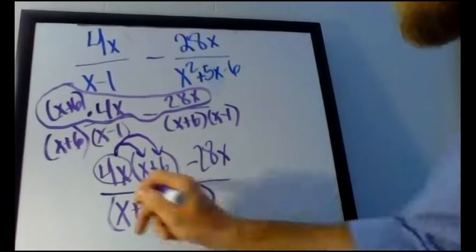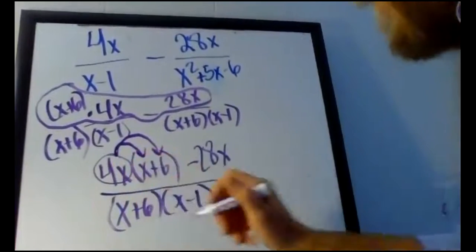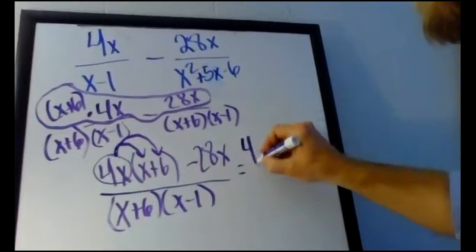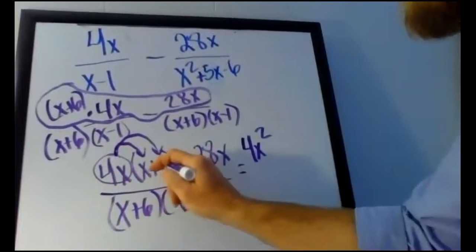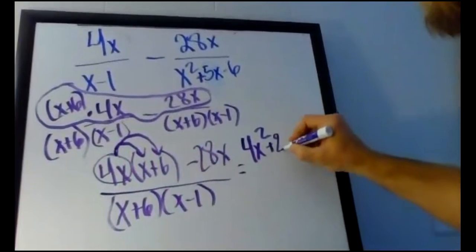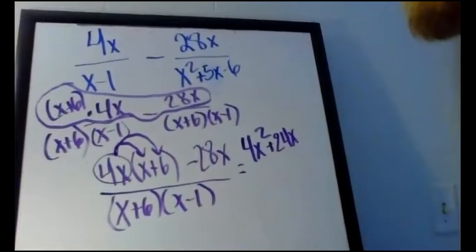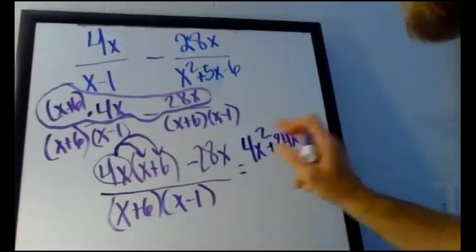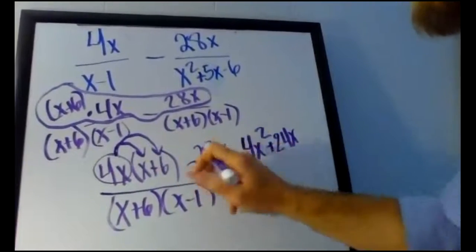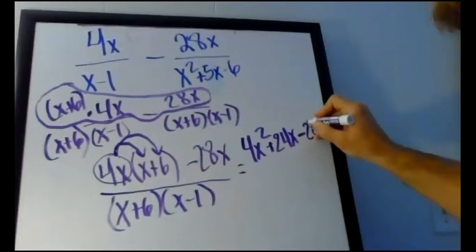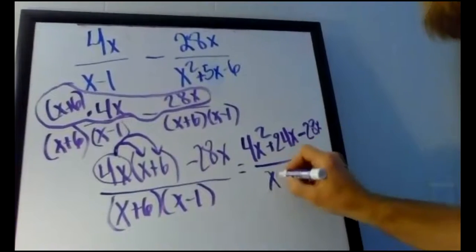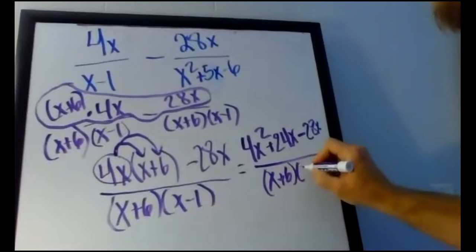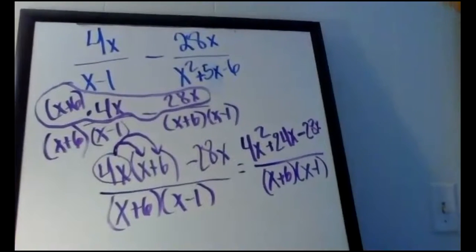So we have 4x times x, which is 4x squared, and 4x times 6, which is 24x. And then we have this minus 28x, and it is still all over x plus 6 and x minus 1.